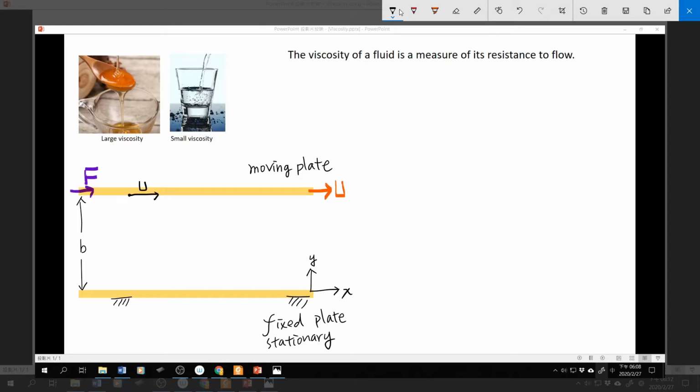And the same condition happens at the lower plate. Fluid particles here move with the plate, which means the fluid particles stop here. This is called the non-slip condition. I write it here. This is a non-slip condition, or you can say a non-slip boundary condition.